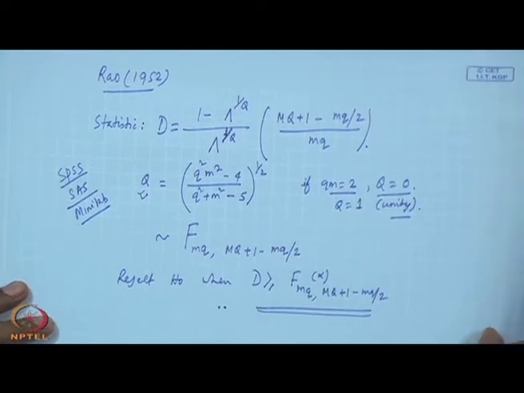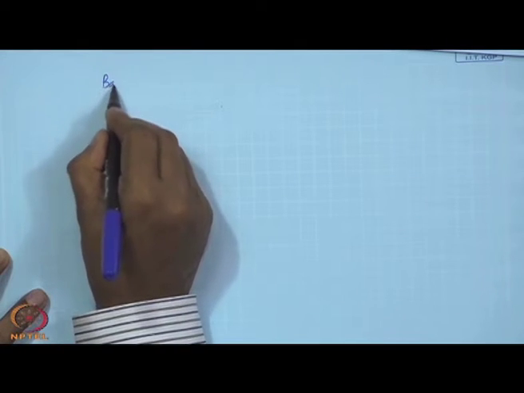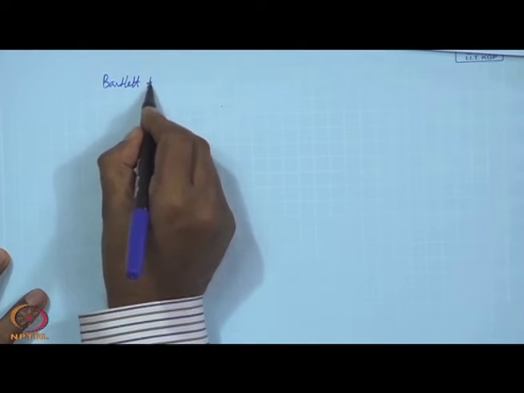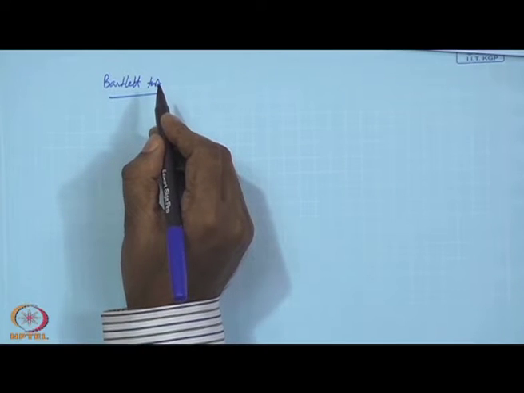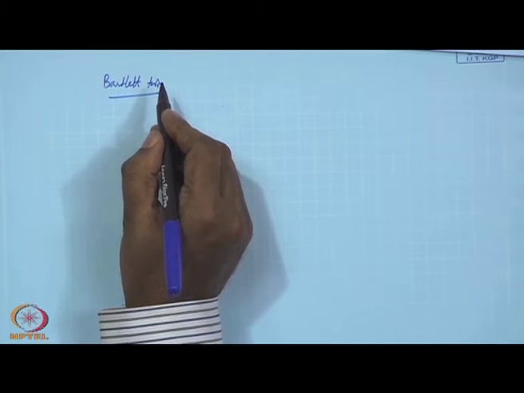Okay. Now, the question is, these tests are very sensitive, in the sense, for example, Bartlett's test. You say that the chi-square distribution is followed, but under what condition?